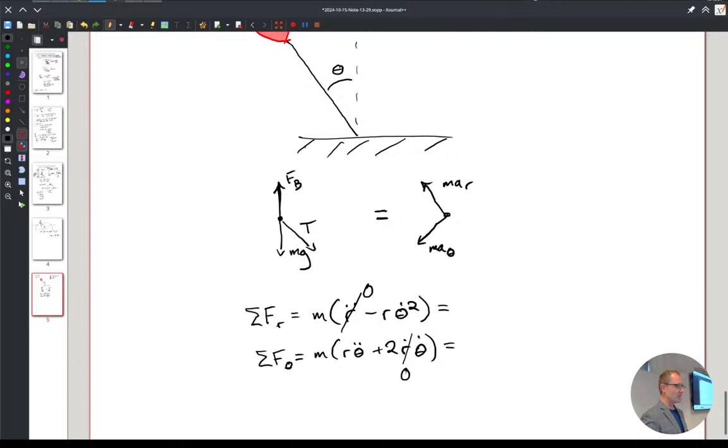All right, what forces are in these two directions? We only have a minute. Well, we have negative 10 seconds, yeah.